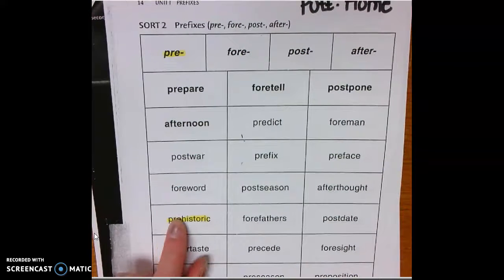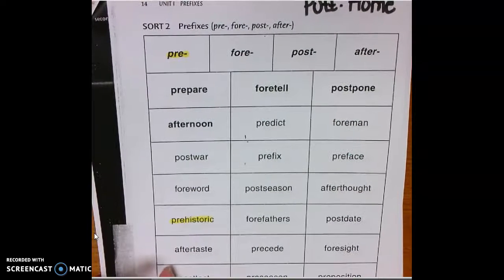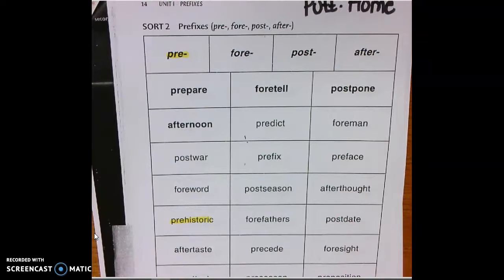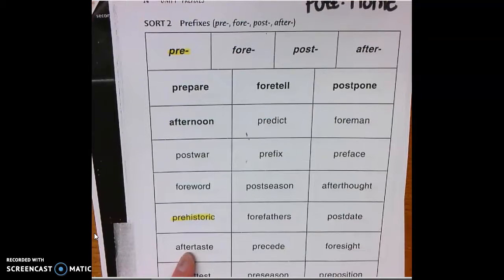But if we add the prefix pre onto that root word, it means before history happened. So when we're talking about prehistoric things, we're talking about back when the dinosaurs existed, before humans even existed to make history happen.